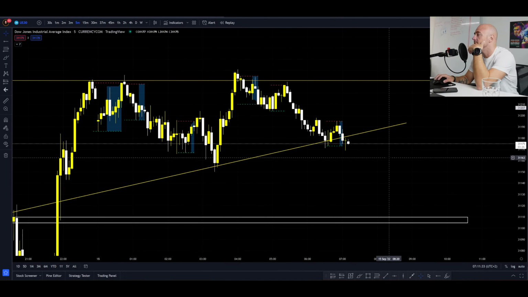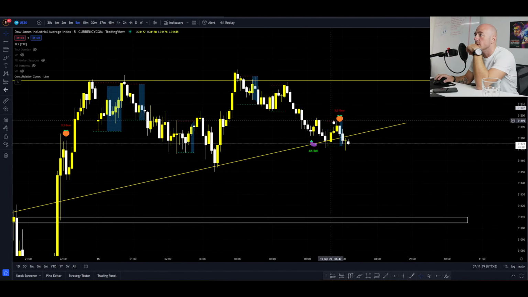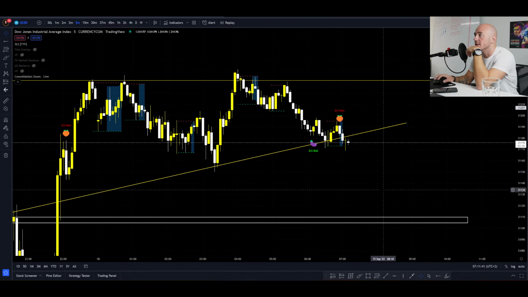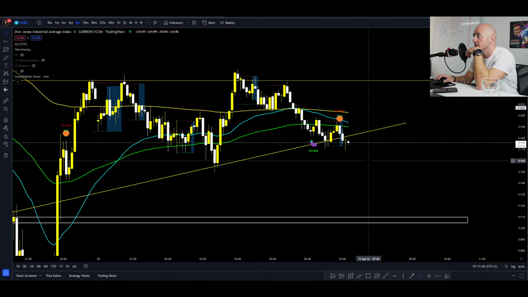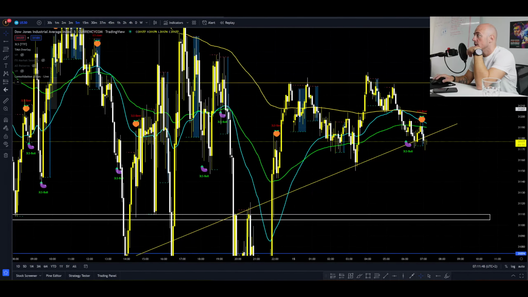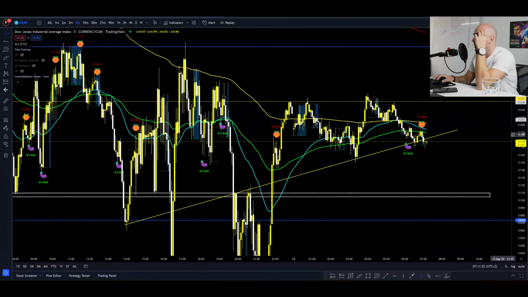I like it. So we got a 3-line strike here to the downside. Pulling up some moving averages. 21 is in between the 50 and the 100. The 200's way up there.